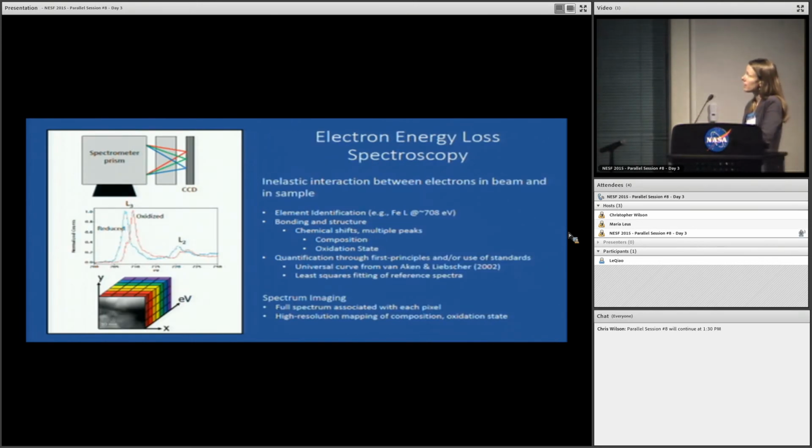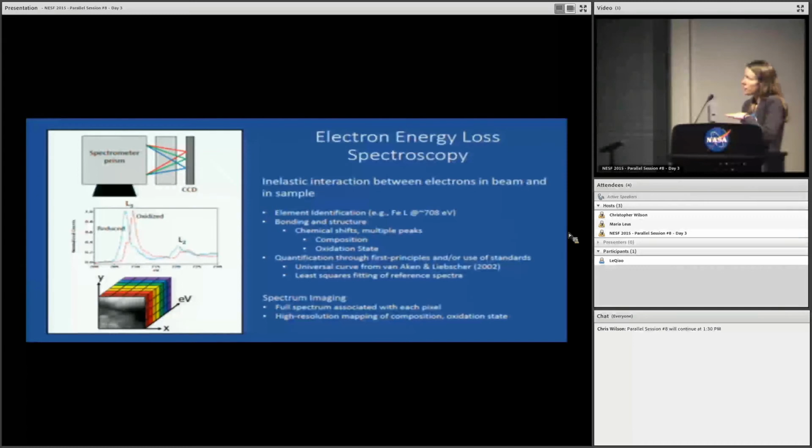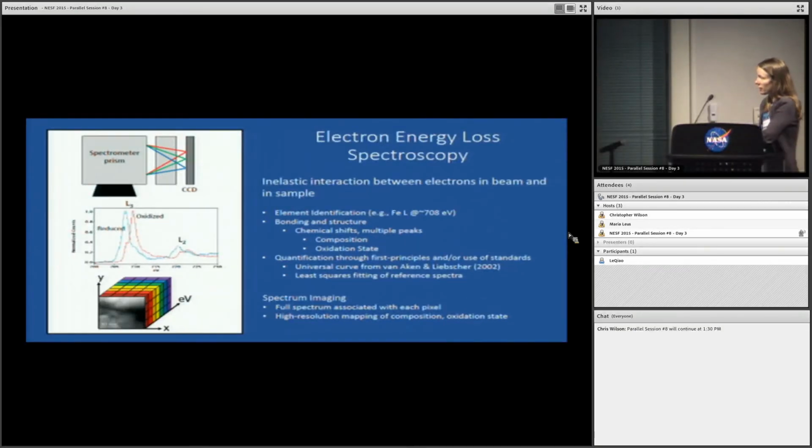For EELS specifically, this is an inelastic interaction between the electrons in the beam and in the sample. And so the prism spreads the beam out according to the energy after it's passed through the sample, and we get a nice spectrum here. Because of the scanning part of this microscope, we're able to collect these as data cubes where each pixel has an associated spectrum.